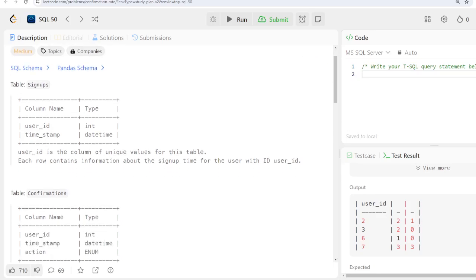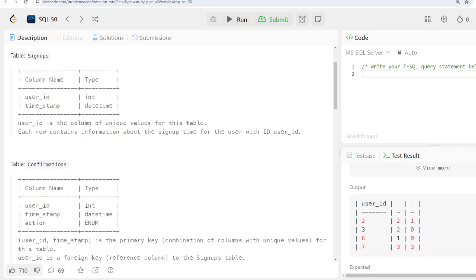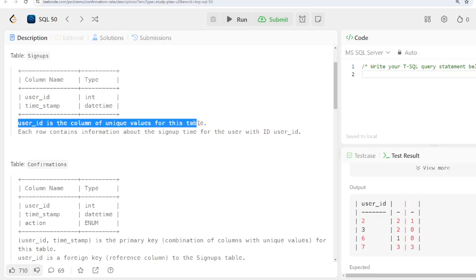So I have this signups table where I have two columns, that is user ID and timestamp. User ID is of the data type integer, timestamp is of the data type date time. User ID is the column of unique values for this table. This means that this user ID column will only have the unique values.